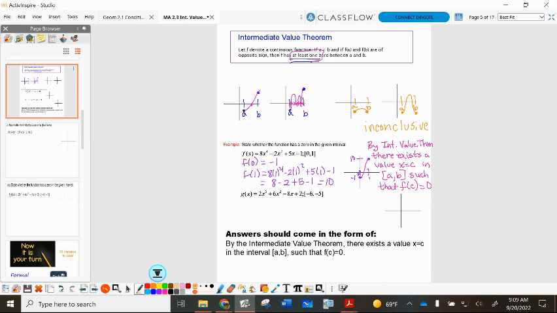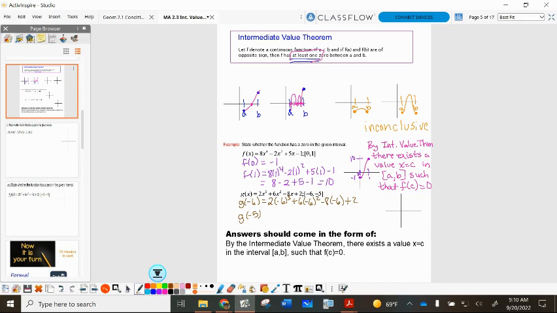Okay, so let's try this other example. We've got a different polynomial, and this time we're looking at the interval from -6 to -5. So we're going to find g of -6, and we're going to find g of -5. Okay, so we've got 2 times -6 cubed plus 6 times negative 6 squared minus 8 times negative 6 plus 2.